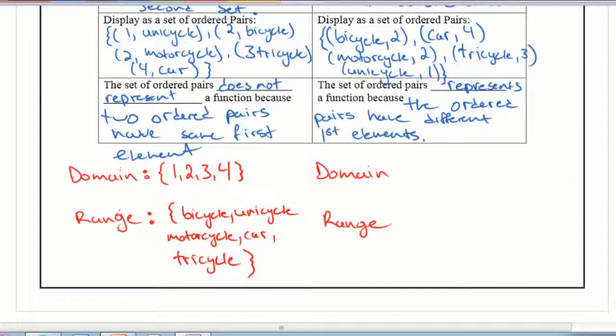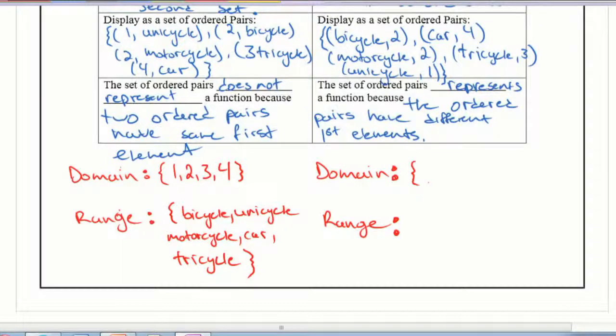So that was my domain, that was my range. You guys are all over it. How about for the second column of this question here that I was dealing with? You guys probably figured this out already, but the domain is going to be the exact opposite now.